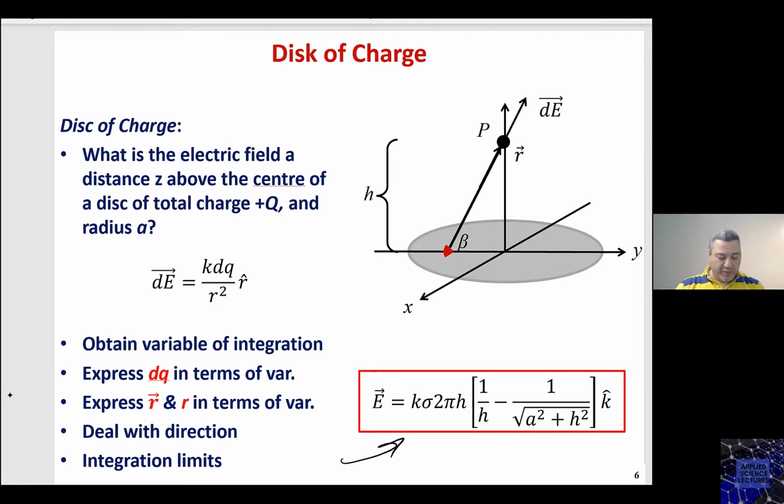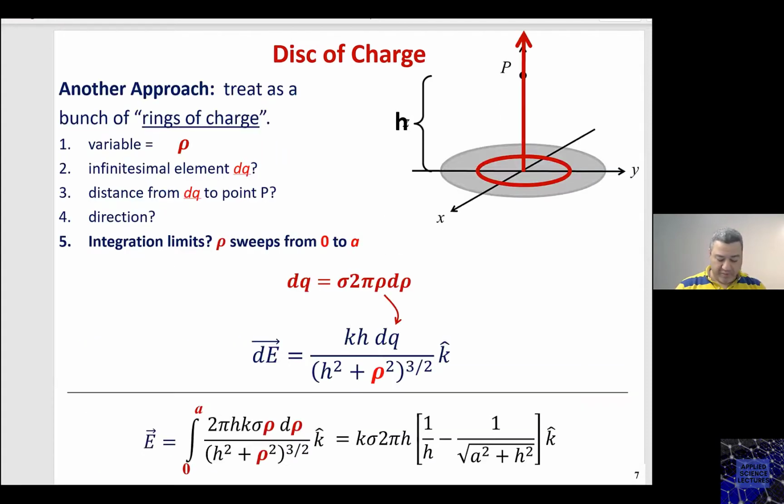But I don't want to overwhelm you with deriving this expression for the disk. I just wanted to show you the line of charge and ring of charge, and that would be it.